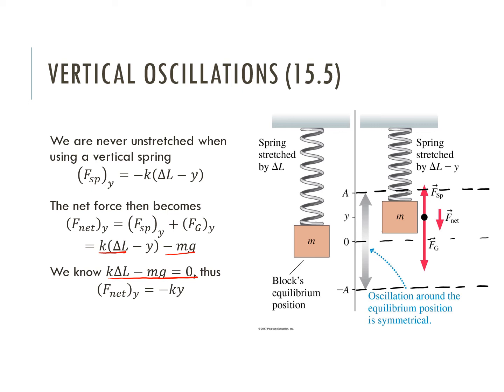So what that's going to leave me with is just K times negative Y. So my net force on this box is the exact same as the net force I had on my box horizontally. However, here I have Y instead of X to describe my position.